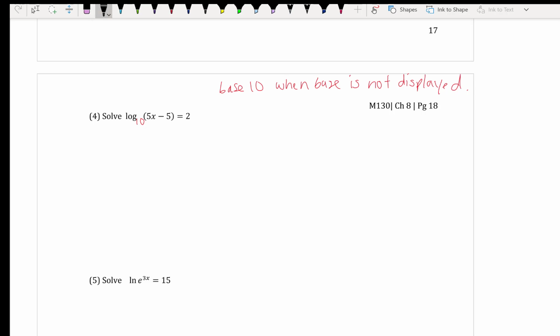So now when I rewrite this, I know that my base is going to be 10 and that my exponent is going to be 2. So I have 10 to the exponent of 2 is equal to 5x minus 5. So 10 squared, 10 times 10, is 100, and that's equal to my 5x minus 5.